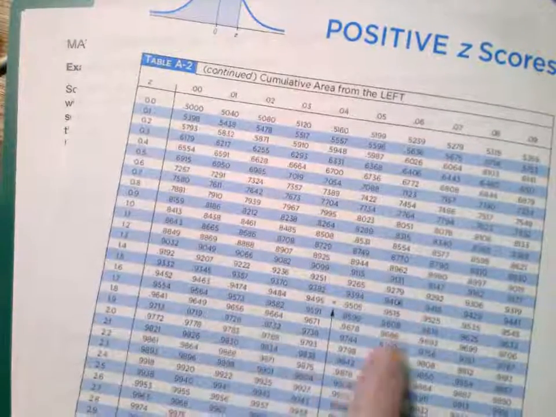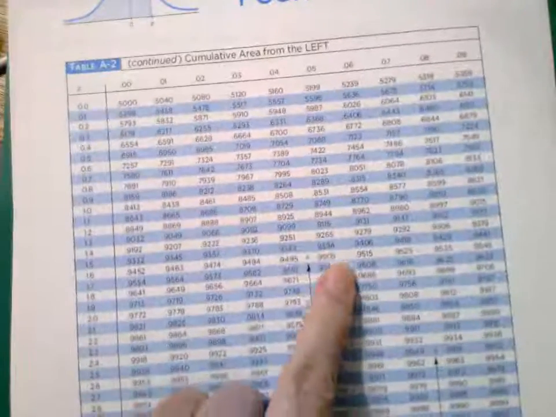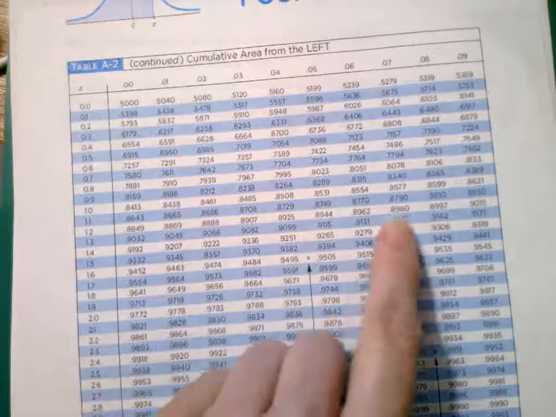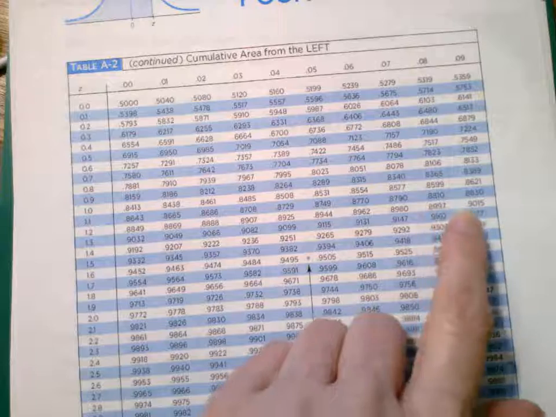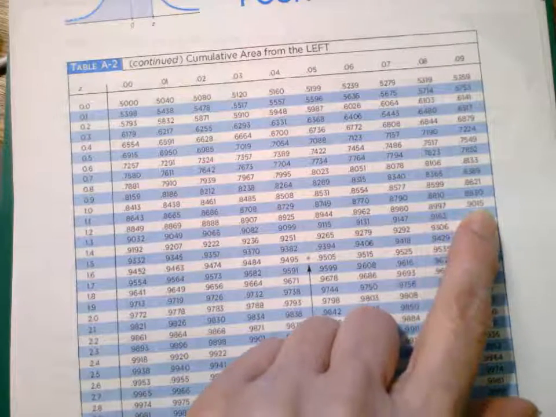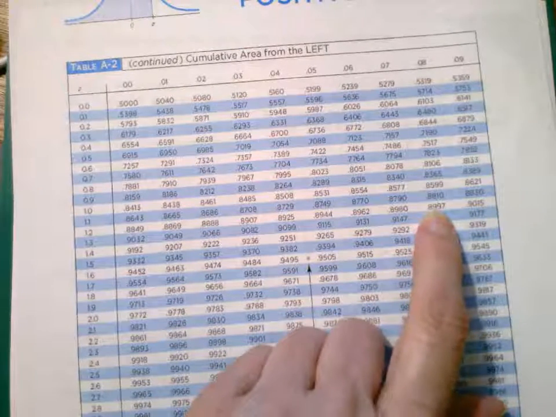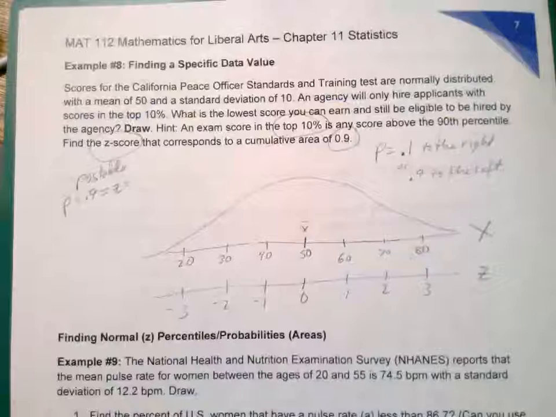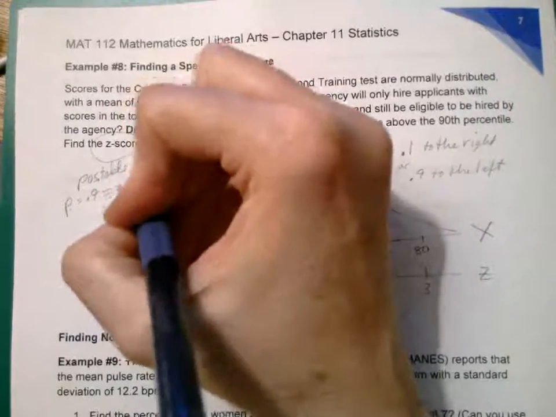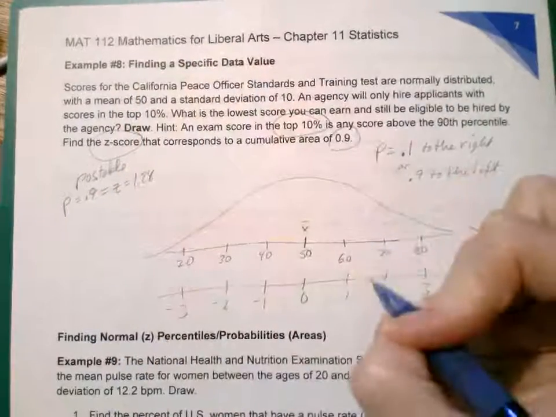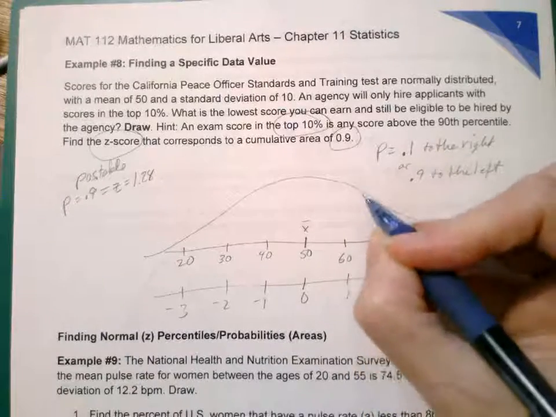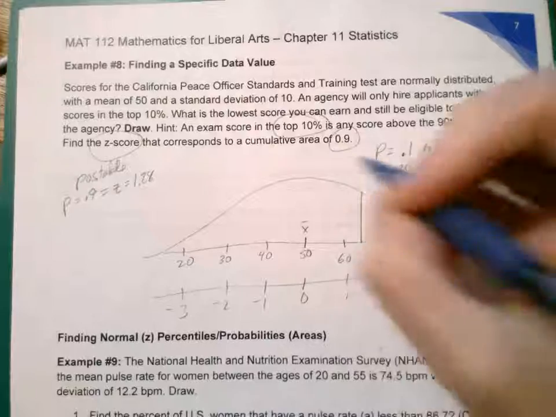Remember, if we have the area, we're looking in the center for a 0.9, right in between here. This one is clearly closer. This is 1.28. All right, so 1.28. If 1.25 is about there, 1.28 is about here.